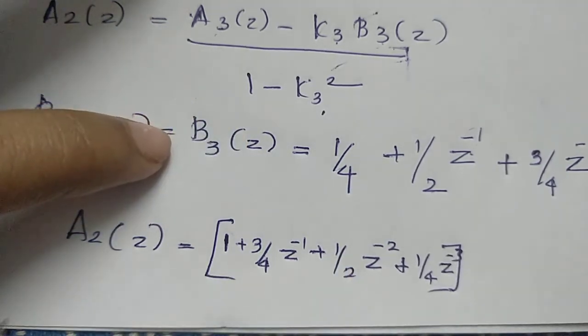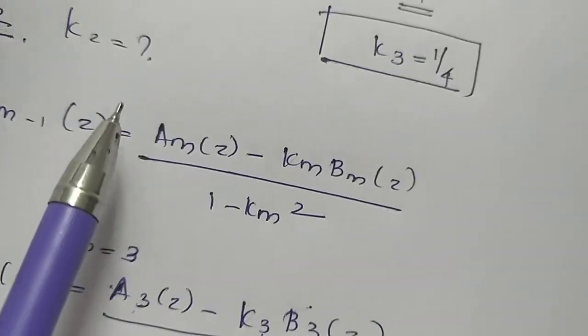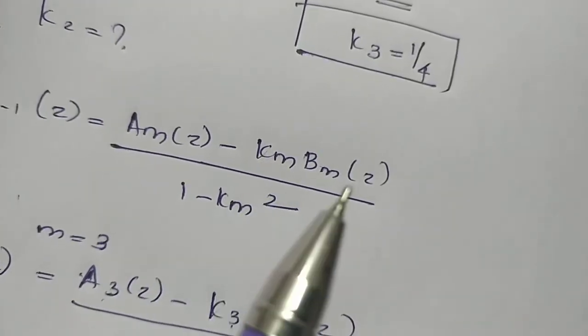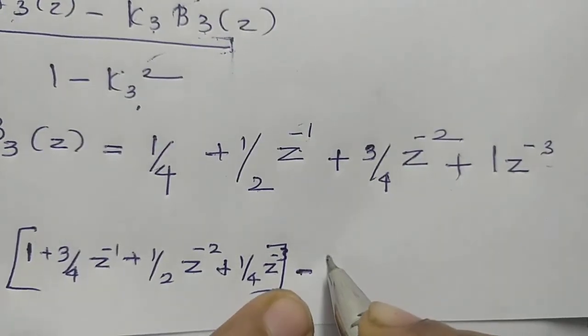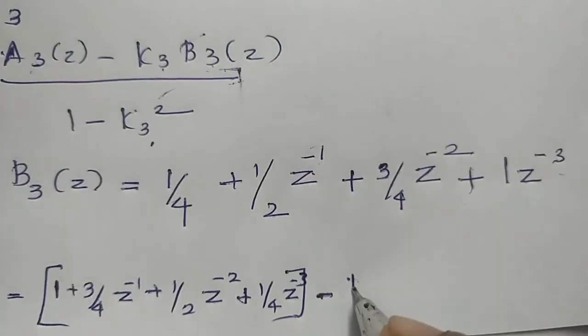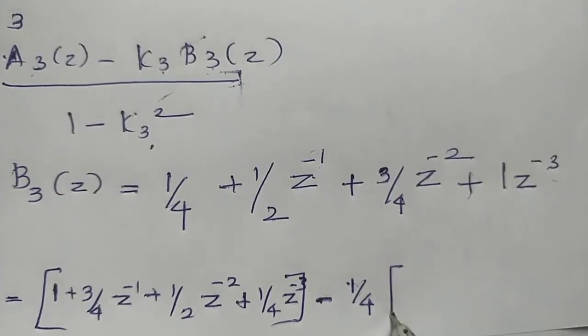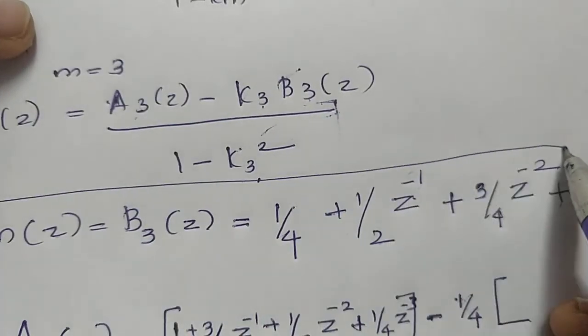Okay. So Am minus 1 is equal to Am of z minus Km into Bm. Km here, minus Km means K3. K3 value we found as 1/4. So 1/4 into B3 of z. We just found the value of B3 of z.